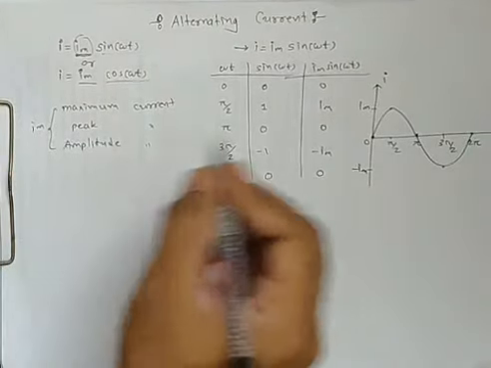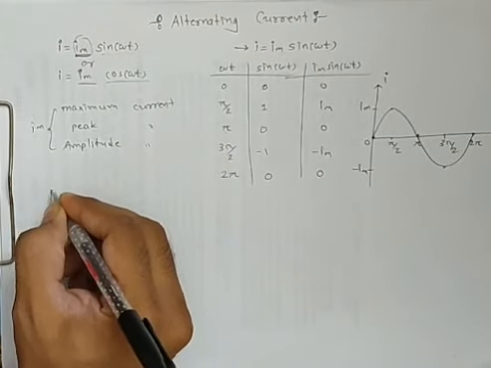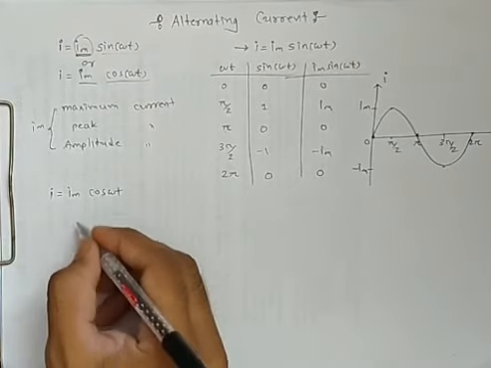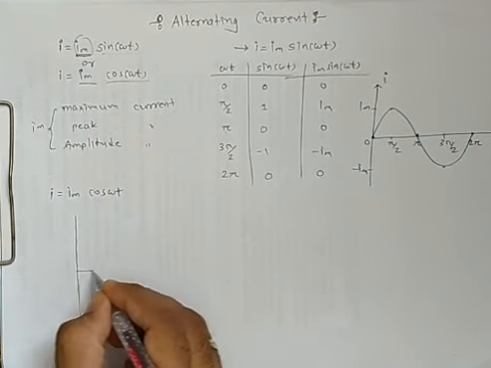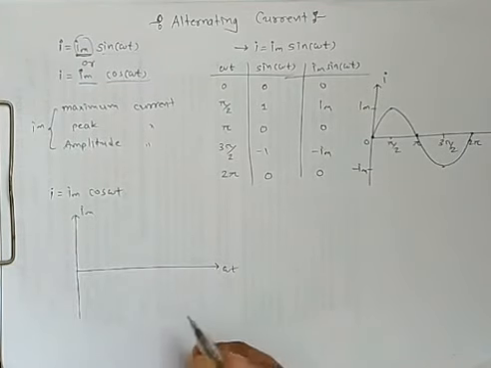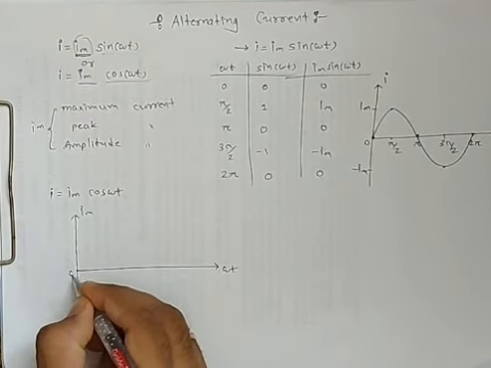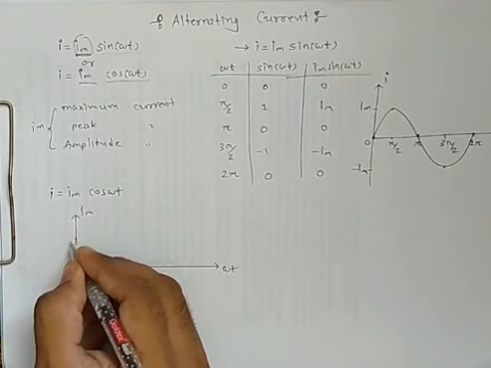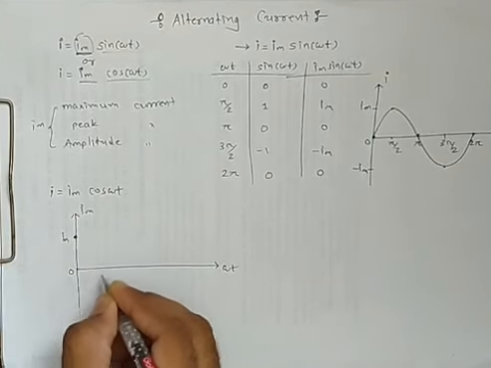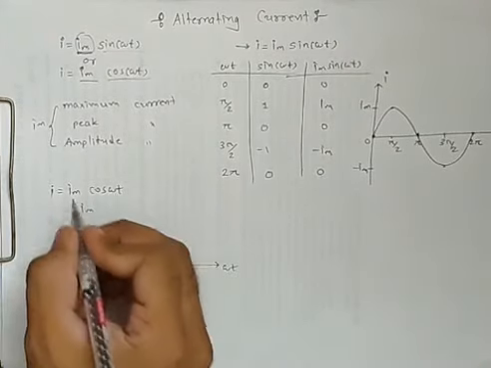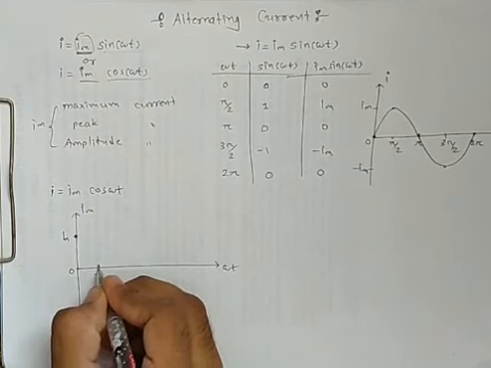So how to draw the different waveforms? If it is in the cos form, then how to draw? You can draw this waveform like this. At 0 degree, cos 0 is equal to 1. So 1 into Im is Im. At pi by 2, cos pi by 2 is 0. So Im into 0 is 0.